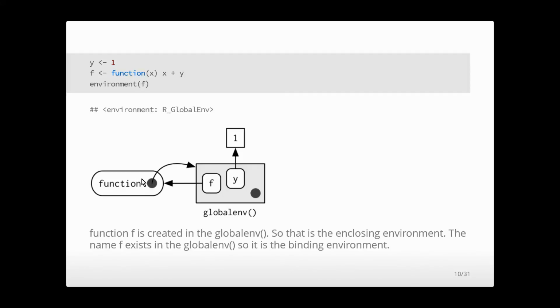We see that the function itself has an enclosing environment, this little black dot, and that black dot points to the global environment. The name f is stored in the global environment, so this function's binding environment is also the global environment. So when you run function f and it's looking for value y, it's going to start its search here, go to the global environment, find the value y, see that it's the value 1, and use that.